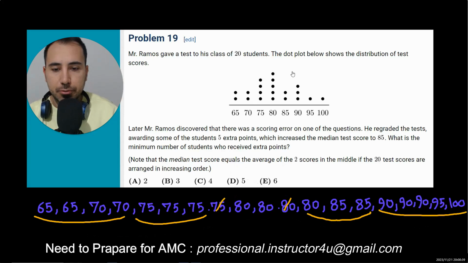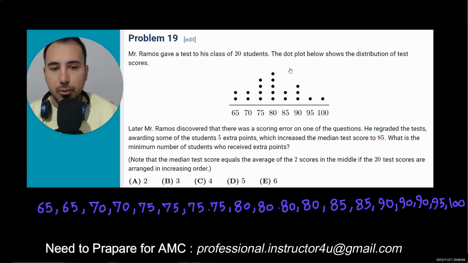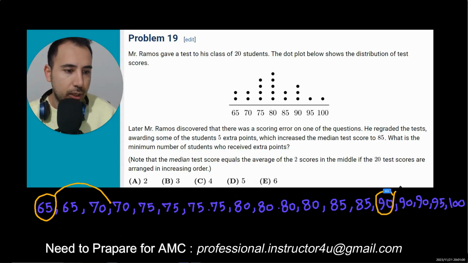So I have a question for you. Because it says the median, the smallest number, the minimum. So if I make this 80, if I add 5 to this student, he will go sit here. Does it change the median, these two here in the middle? No, not really, okay? If I change this 90 to 95, not here.